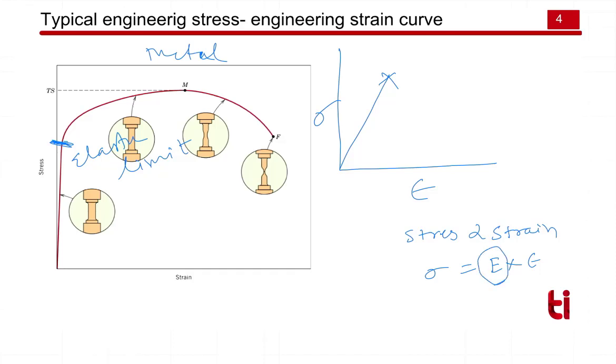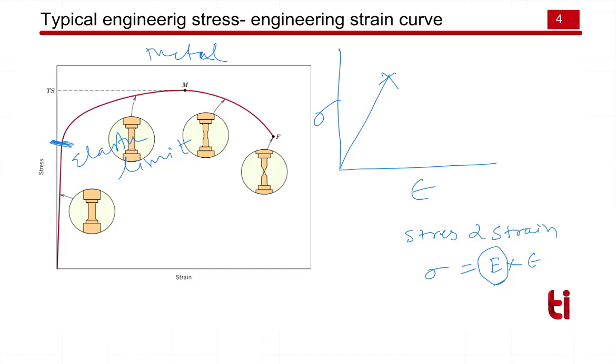We call it modulus. So up to here, you apply load, the material will deform, and the moment you release the load, it will come back to its original position. This we call elastic deformation. Complete recovery is there. If you increase the load beyond a certain limit, the material transforms from elastic to plastic.